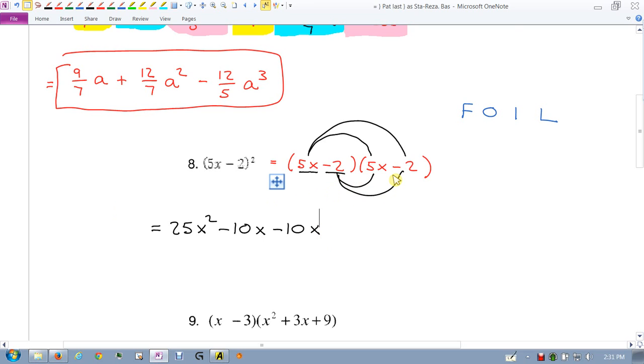And then negative 2 times negative 2 is positive 4. So that's the expansion. And now you just make sure you don't have any like terms, which we do. The middle ones, right? Now we have subtraction, right? We have negative 10x. We're taking away 10x more, negative 20x's. And at that point, we'll be done.